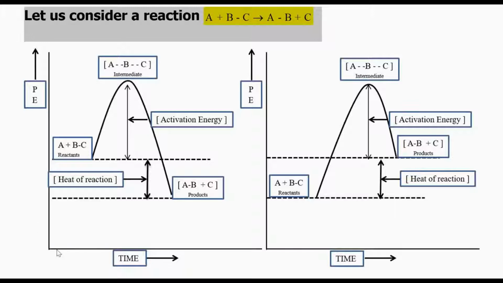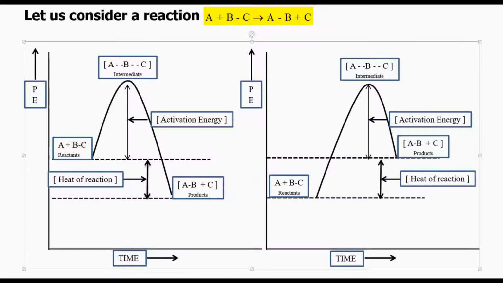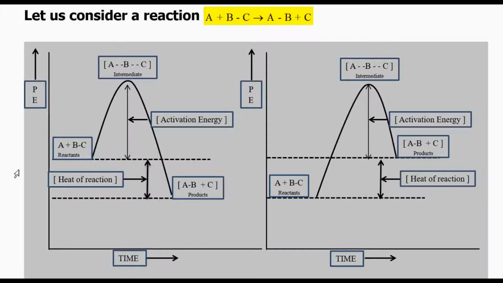When you take a look at the x-axis, you have the time. So the time is increasing in the x direction. What you are trying to say is, with time the reaction is going to progress. So in place of time you can also write reaction progress. On the x-axis you are showing the reaction progress, and on the y-axis you are showing the potential energy.